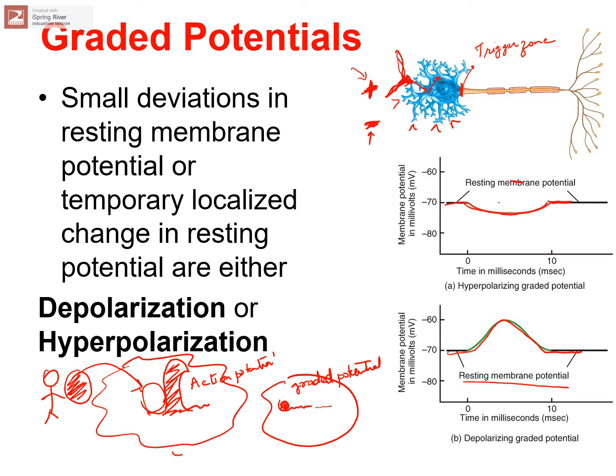Not every stimulus causes an action potential. An action potential is only triggered when there's a combined effect of graded potentials such that the membrane of the cell reaches a certain threshold value.